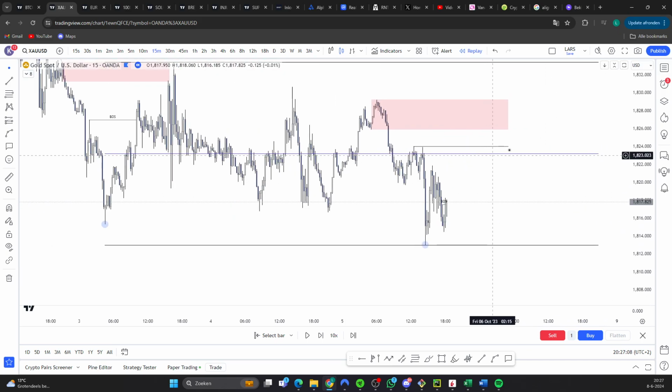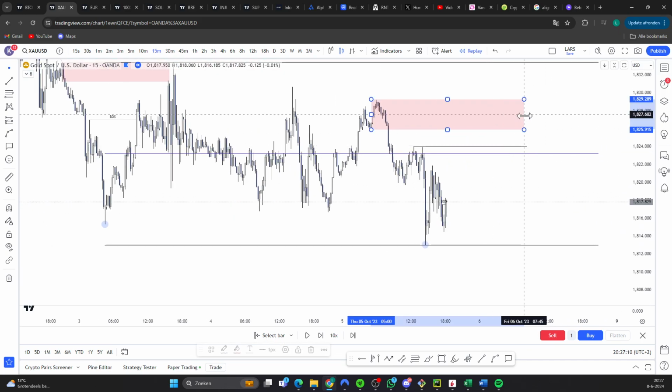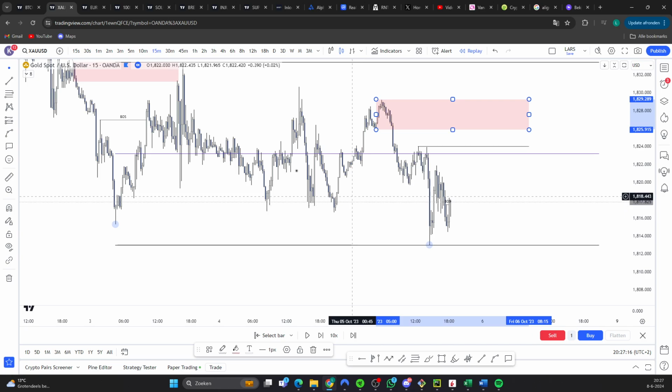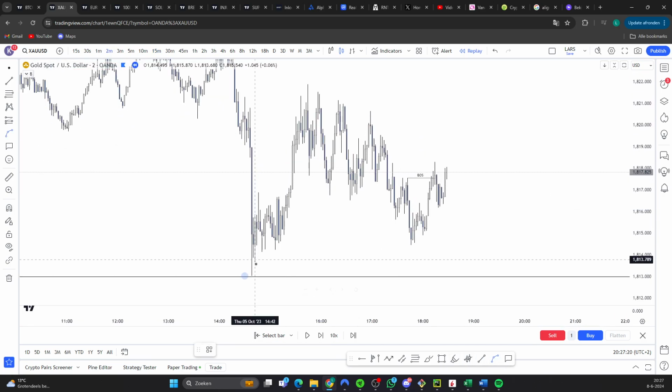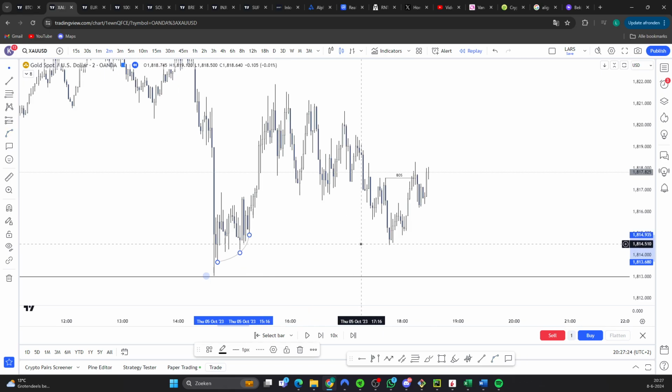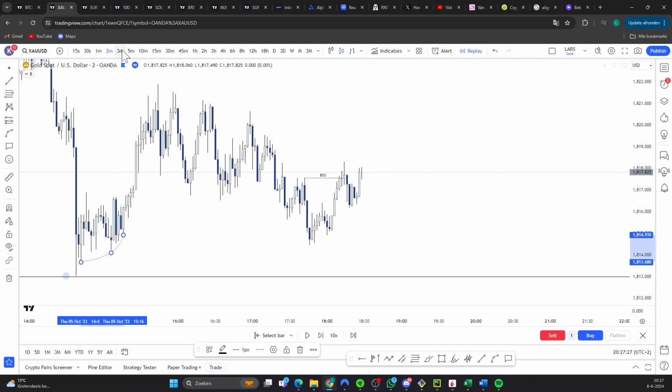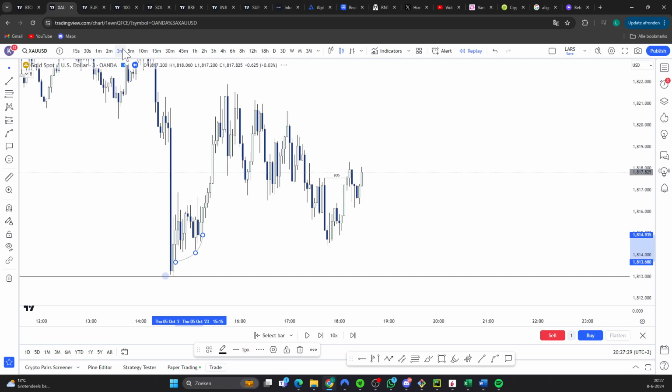I do think we could potentially get a squeeze up towards this horizontal line with the return to zone that we're having now. We did not sweep all liquidity, but we did break structure here. Highest time frame 3.